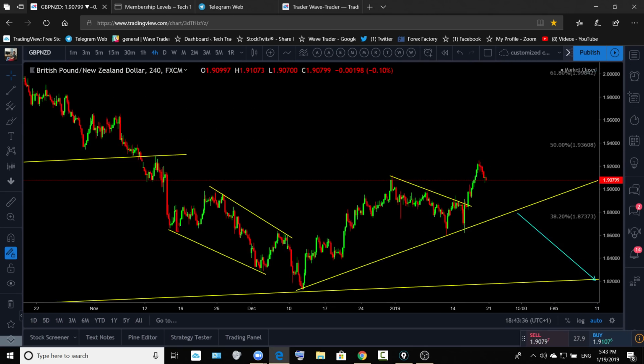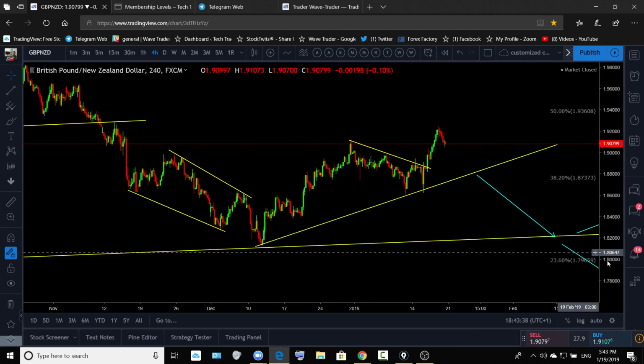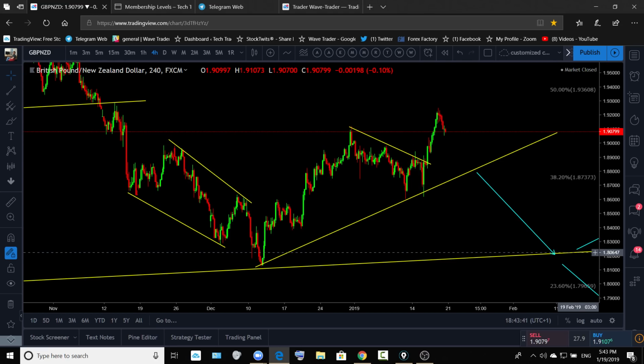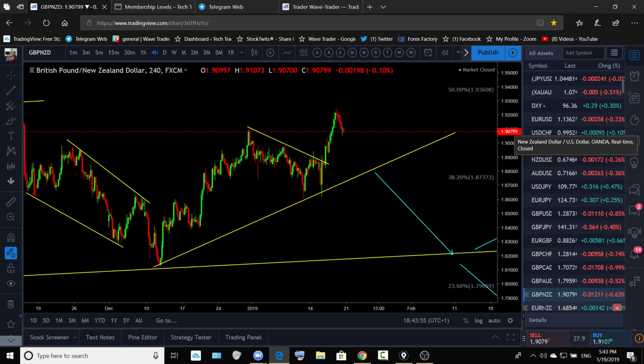The pound New Zealand dollar went up. Last week, as I said, guys, we were neutral on it. So correction, and look for it to go down for one more move back to the bottom.